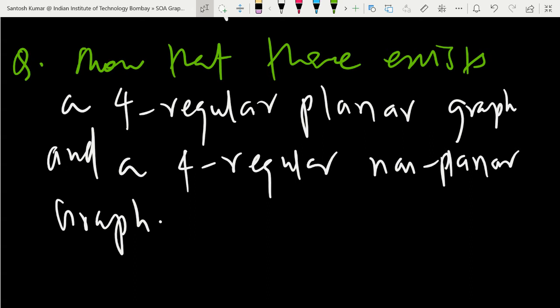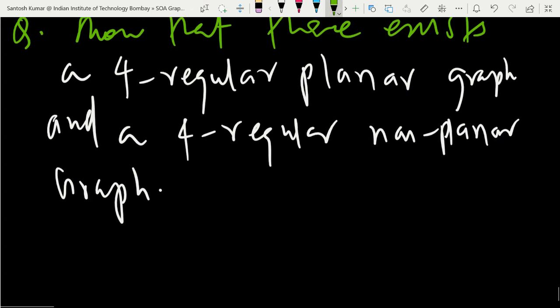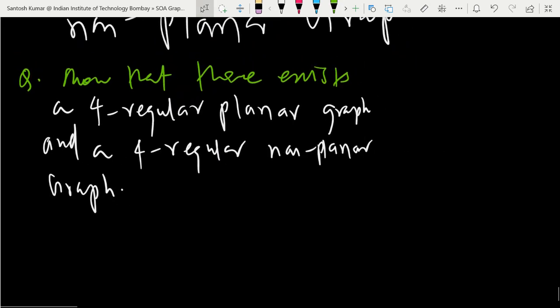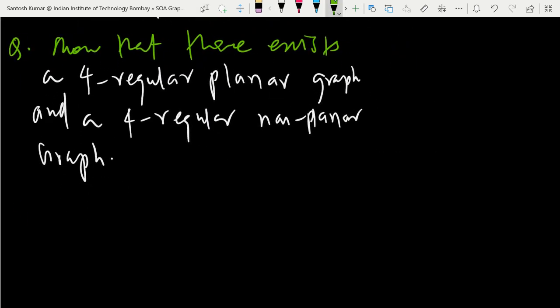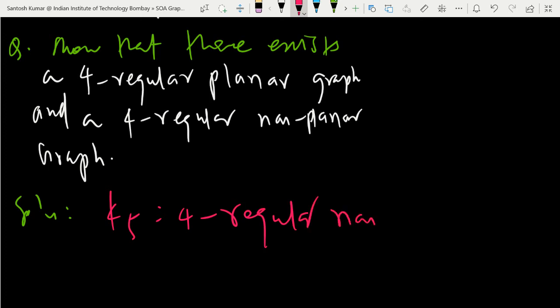K5 is a four regular non-planar graph. K5 is yes. So K5 is the example of a four regular non-planar graph.